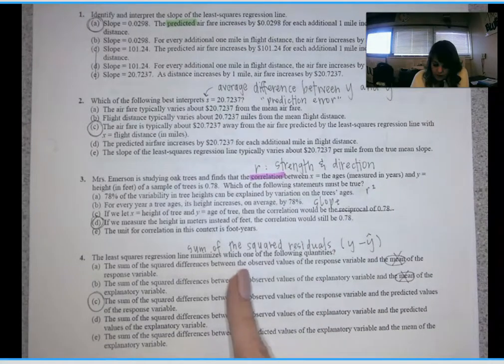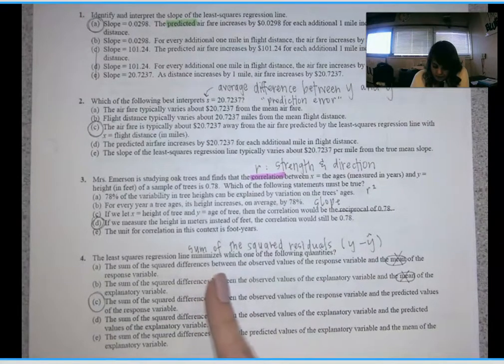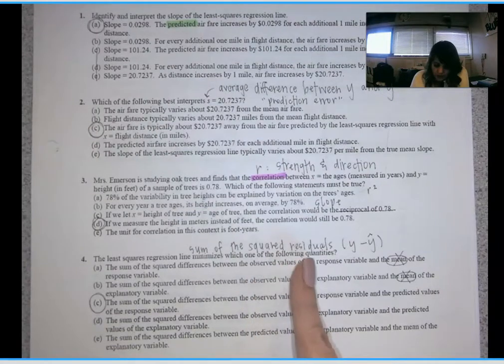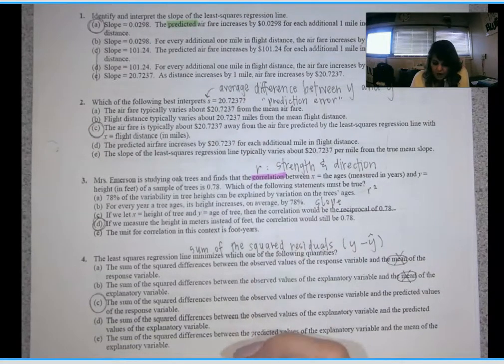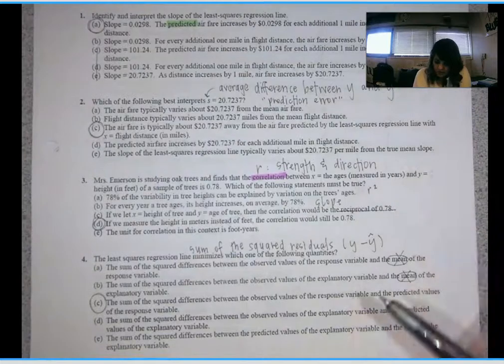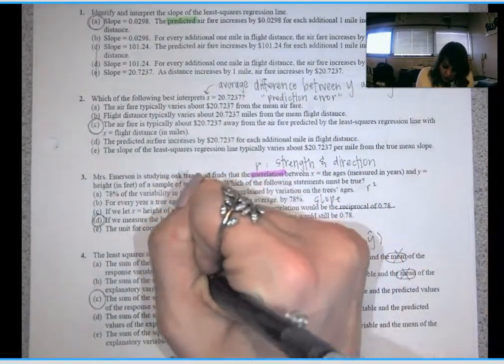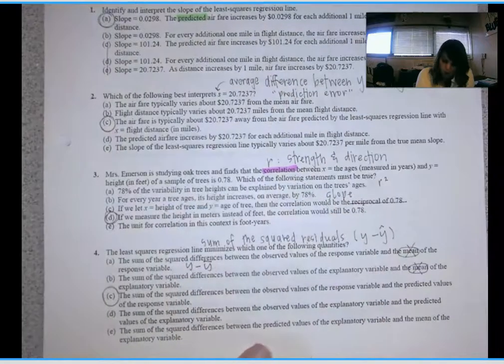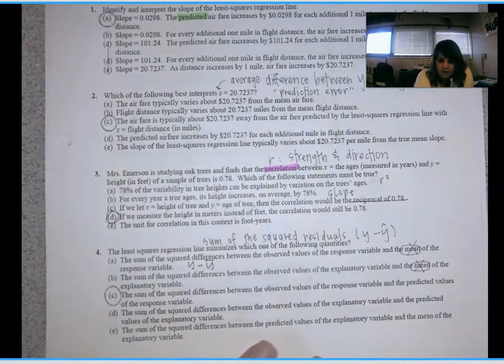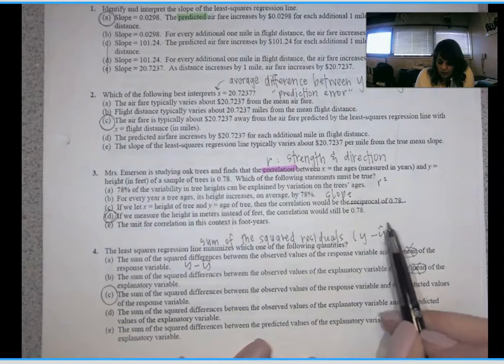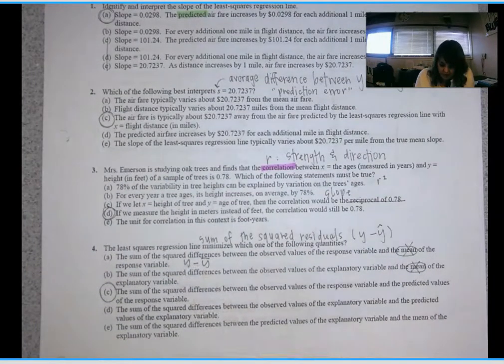So on this first one, it says it's the difference between y and the mean of y. So they're saying that this is y minus y bar, the mean of the response variable. Well, no, we're looking for the predicted response variable, so it can't be A.